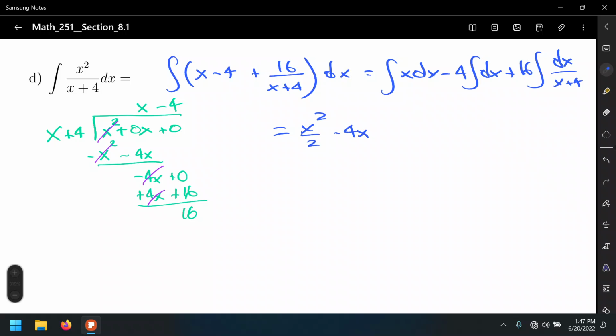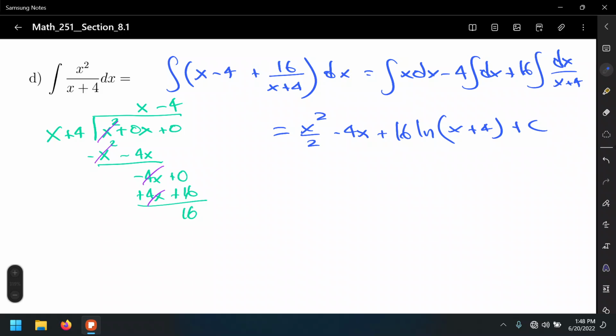And in this case, the integral of dx over x plus 4, this is another one for which you don't need to show me the U substitution, because the derivative of x plus 4 is just 1, so no need to show that one. So you can go straight to 16 ln of x plus 4. And I made a mistake on purpose to see if you can catch it.